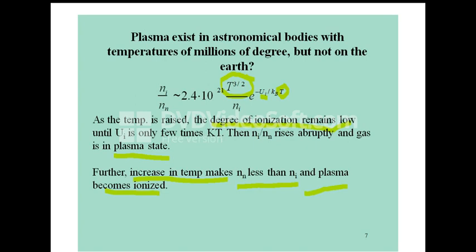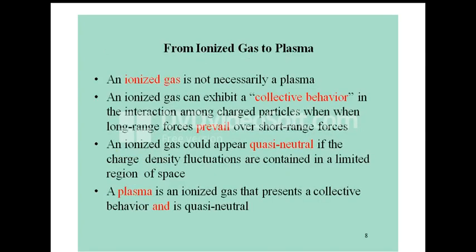So, how can we have the conversion from ionized gas to plasma? Simple: an ionized gas is not necessarily a plasma. It's a very important point.